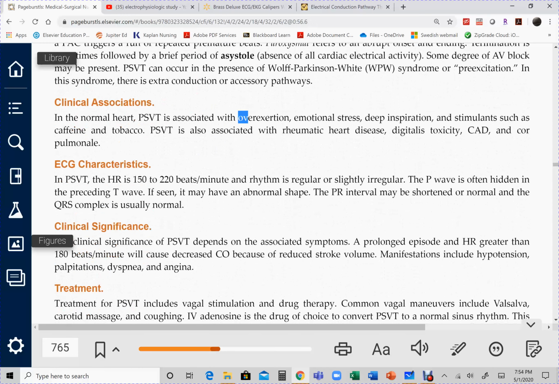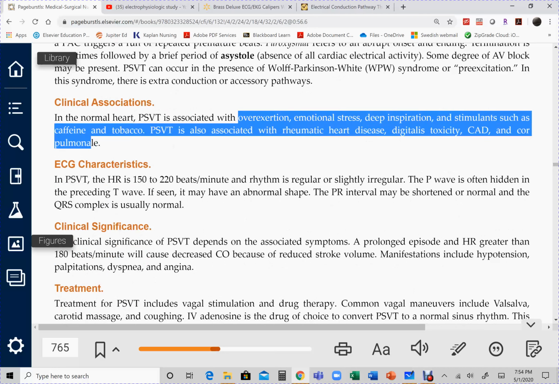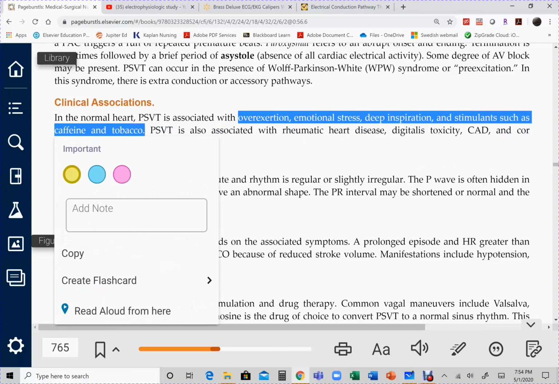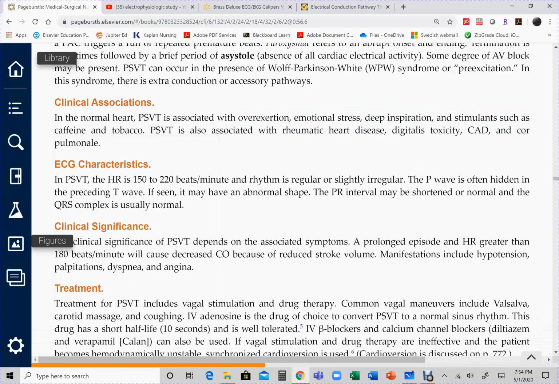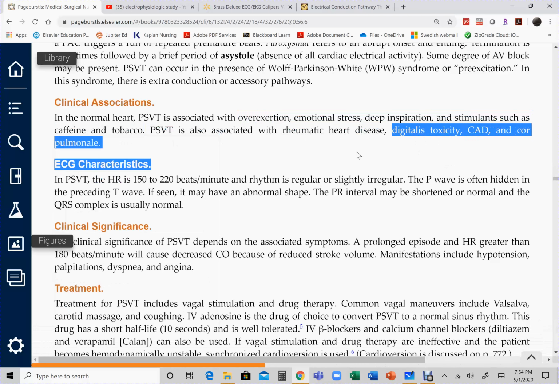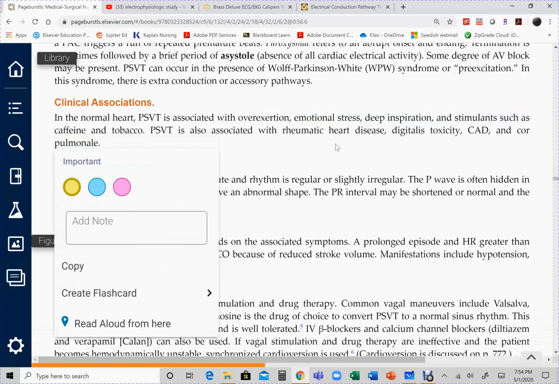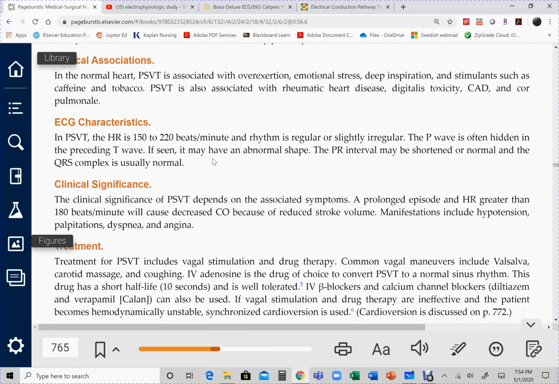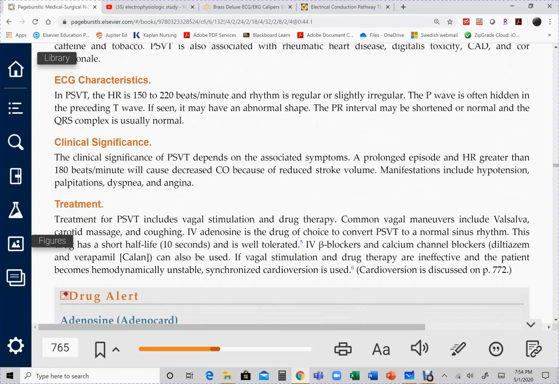So overexertion, stress, stimulants. You can also add cocaine here, or amphetamines, because they're also stimulants. Here, digitalis toxicity, CAD, or even cor pulmonale. Cor pulmonale, I trust you already discussed this. This is right side heart failure resulting from chronic COPD.